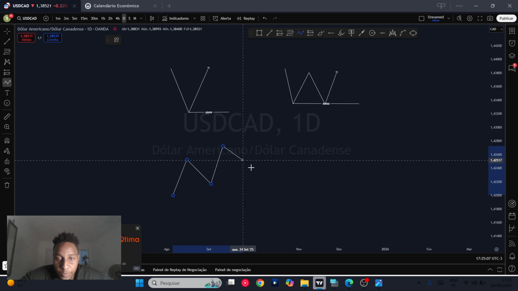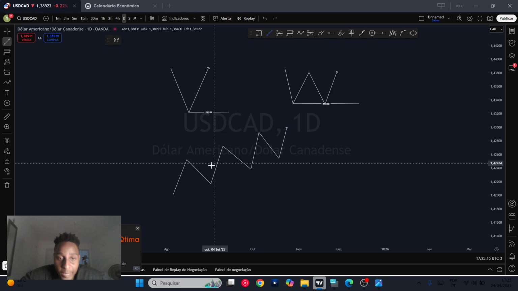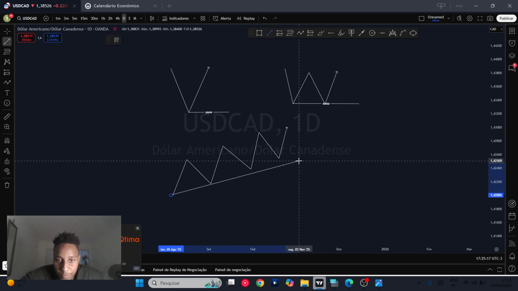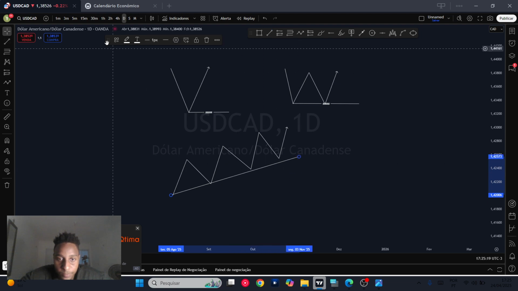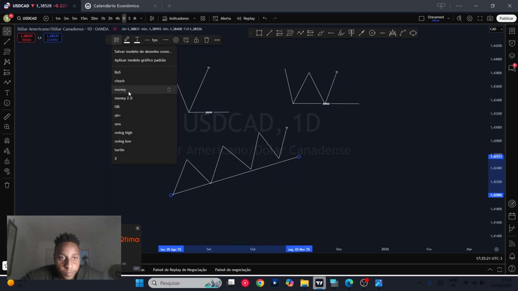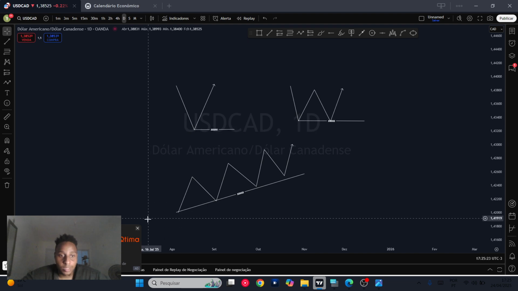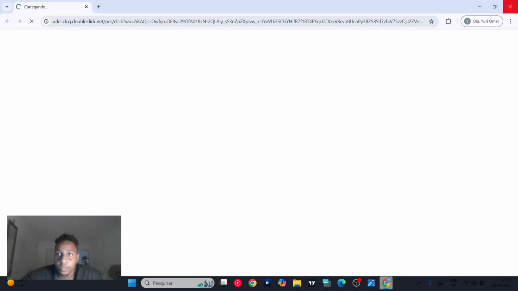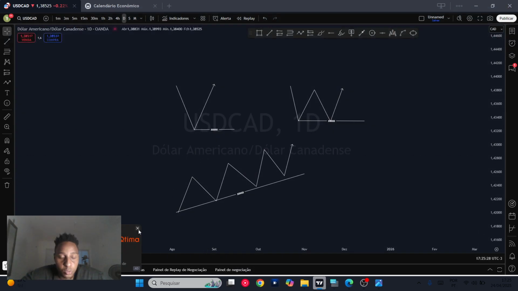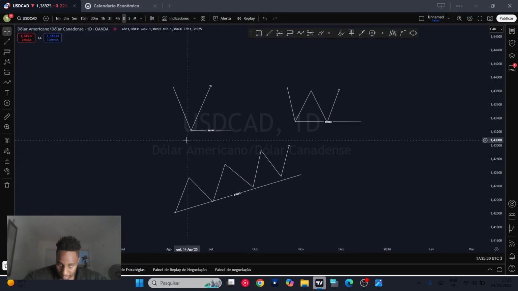For example, price is within a trend. So the base, the support of the trend, is basically our liquidity. So these are the types of liquidity that we are going to learn within our strategy. You already learned where liquidity lies, everything and stuff like that.